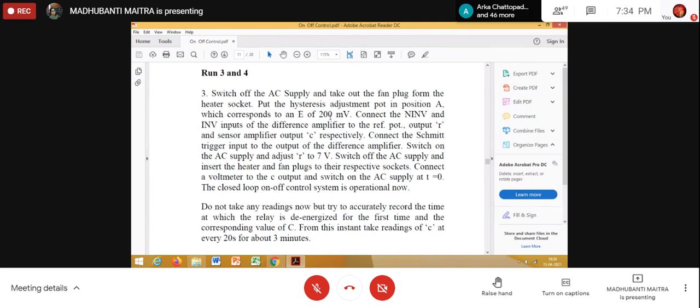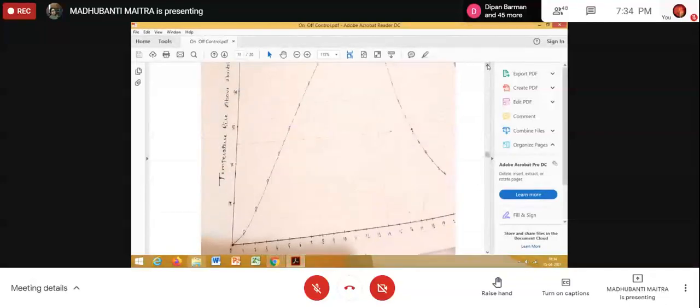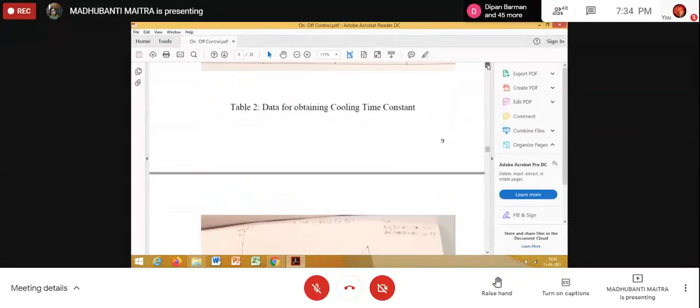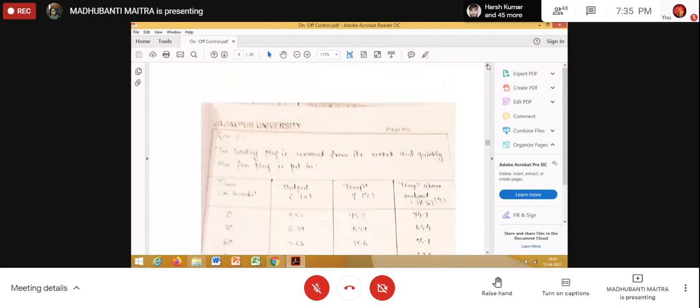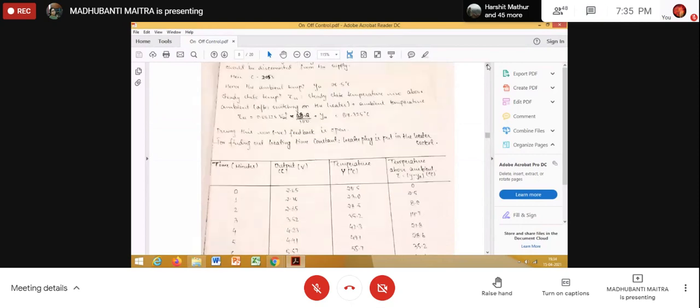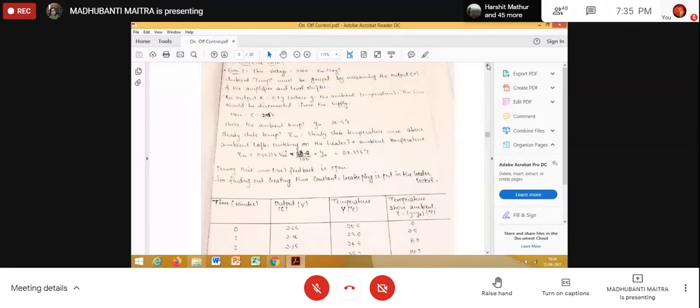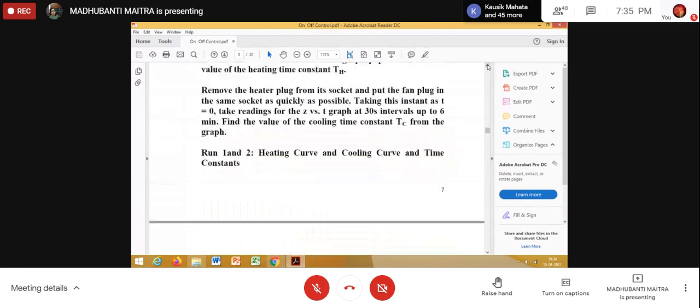That means 5 degrees centigrade, and the hysteresis band will be equal to 10 degrees centigrade. So I'm considering that the hysteresis band is equal to 10 degrees centigrade, plus E is equal to 5 degrees centigrade, and the magnitude of minus E is equal to 5 degrees centigrade again.